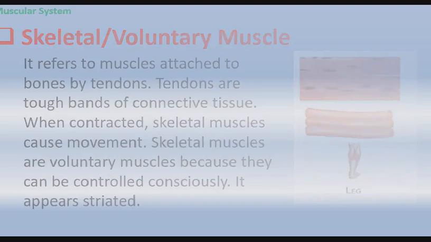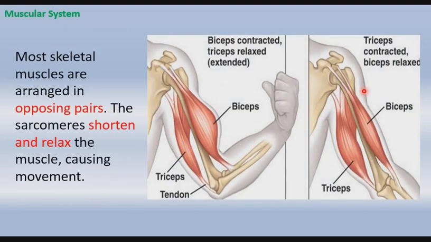If we look at this, we'll see that most skeletal muscles are arranged in opposing pairs. The sarcomere shortens and relaxes the muscle, causing movement. Remember that the biceps and triceps are examples here. We contract to bend the arm at the elbow.